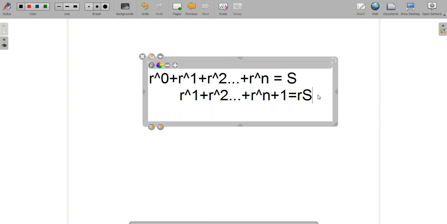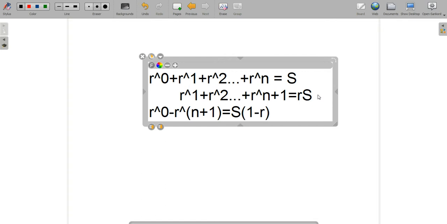Okay. Now we actually subtract these two, something amazing happens. We get r raised to the 0 minus r raised to the n plus 1. And that would be equal to s minus rs. And something even more amazing happens. You can actually factor out an s, get 1 minus r.